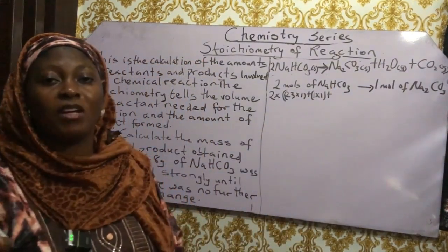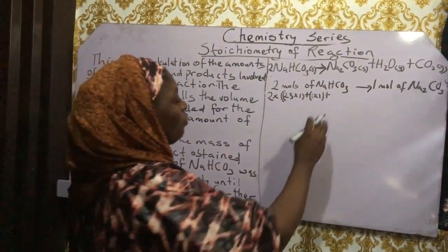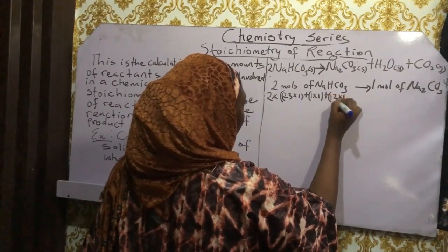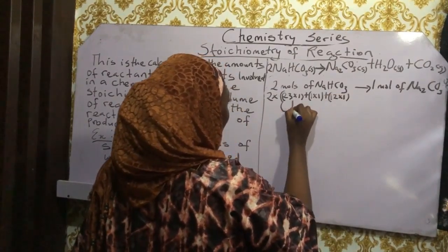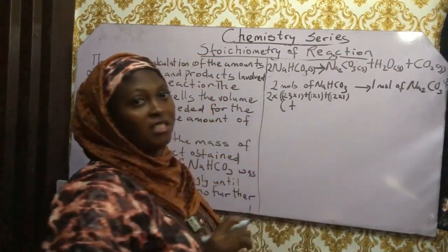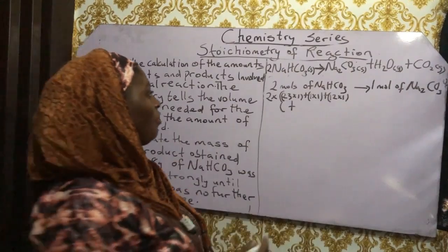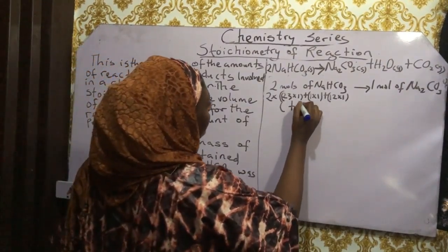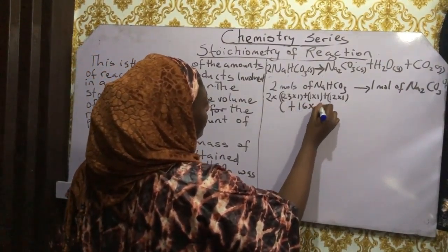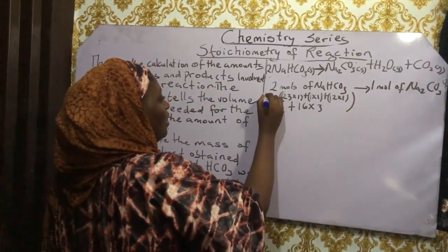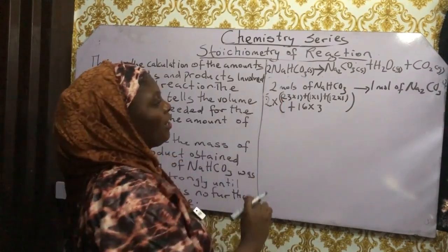Carbon has a relative atomic mass of 12, and we have just 1 atom of carbon, 12 times 1, plus oxygen. Oxygen has a relative atomic mass of 16, and we have 3 atoms of oxygen, that is 16 times 3. Now remember, this 2 is actually multiplying everything in the brackets.